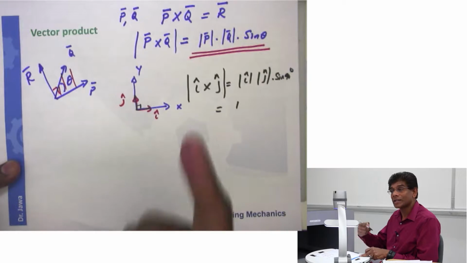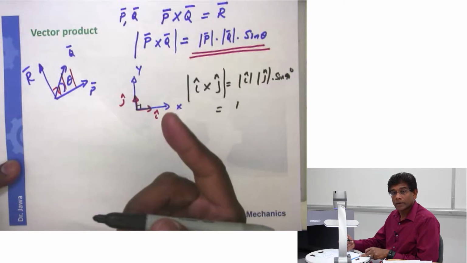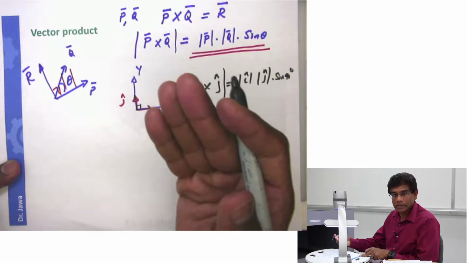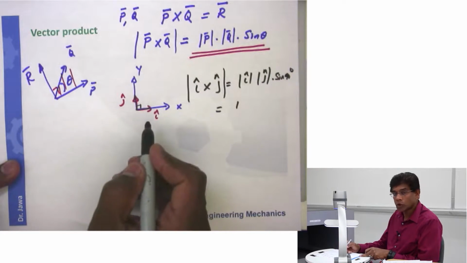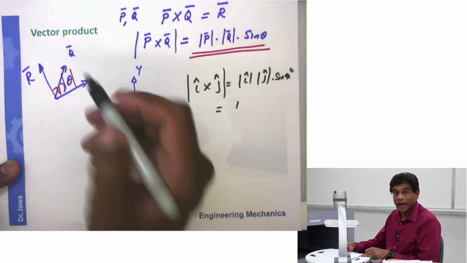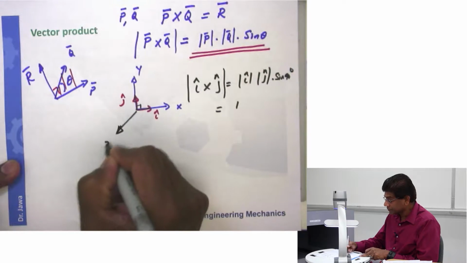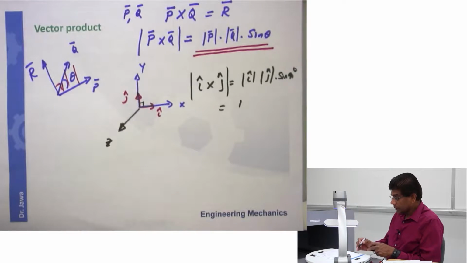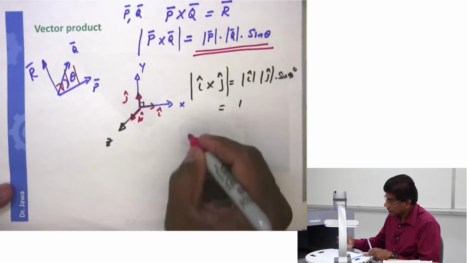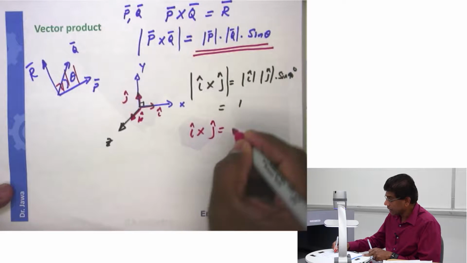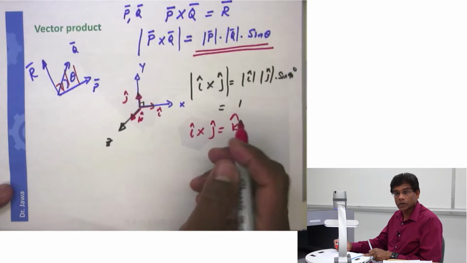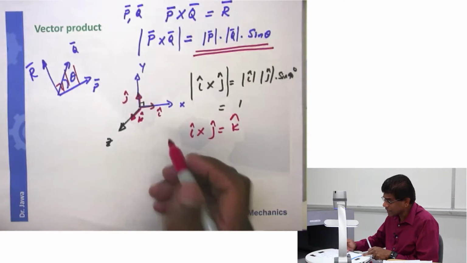So that means the resultant vector will have a magnitude 1, which indicates it's a unit vector, and it is going to be along the direction perpendicular to x and y, and you know that would be your z. So the resulting vector is going to be k. So I cross j is equal to k, a unit vector along the z-axis. All right, so that's a basic vector product.